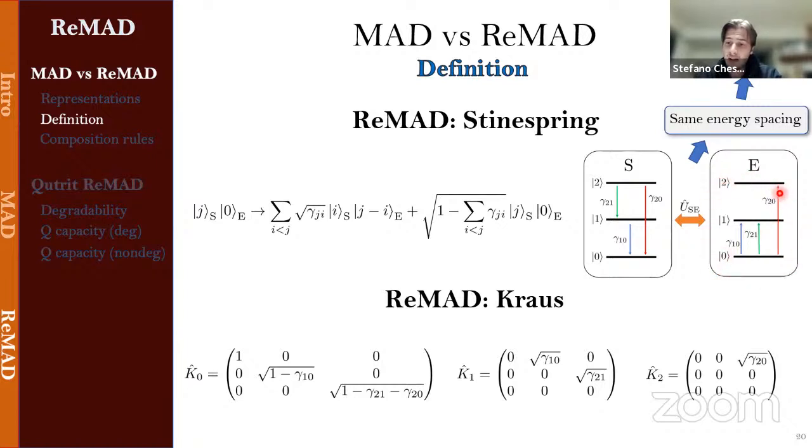We constrain it in the dimensionality. You can see here that it's three-dimensional, and we constrain it in the energy spacing, in the sense that in this case now we are considering just system and environment with equal energy spacing, in the sense that these energy intervals are resonant, and from this resonance comes the name resonant multi-level amplitude damping channels.